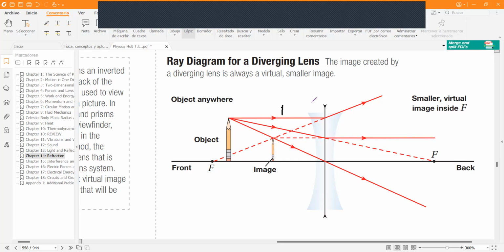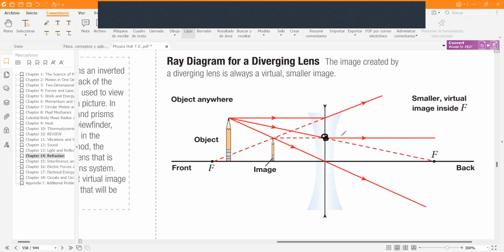So the same idea, from the top of the object, horizontally, then it's projected to the focal and refracted in this direction. The second ray from the top of the object goes to the other focal. And then the point where it strikes the center of the lens is going to be projected with a dashed line over here, okay?